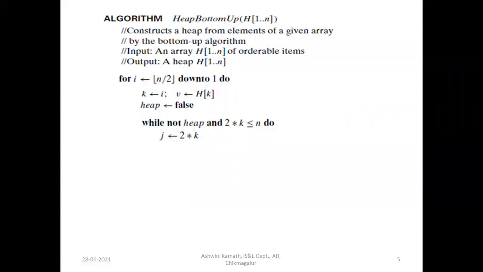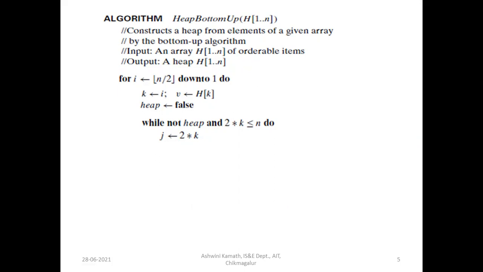Within the for loop itself, we have another loop, a while loop: while not heap, that is while heap is equal to false, and 2 into k is less than or equal to n, do j equal to 2 into k.